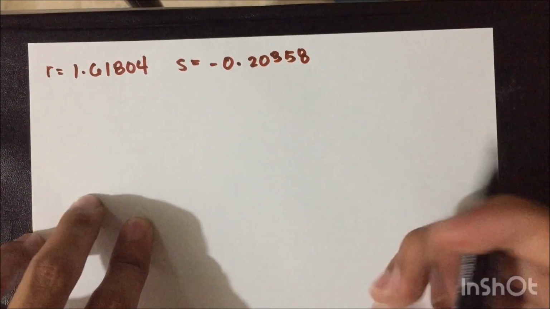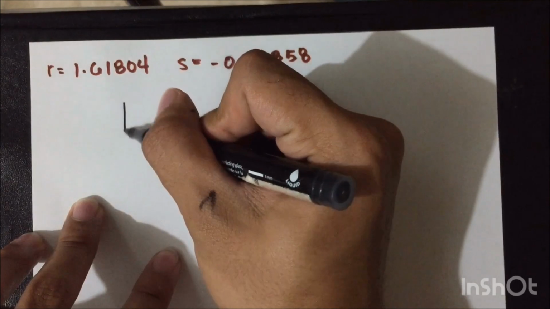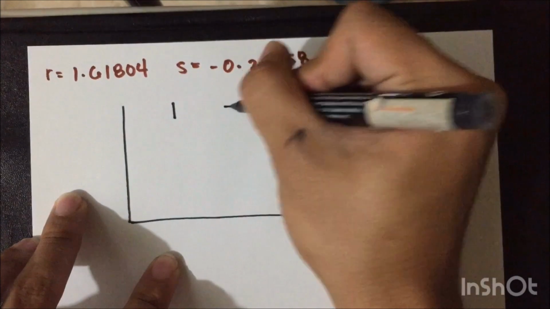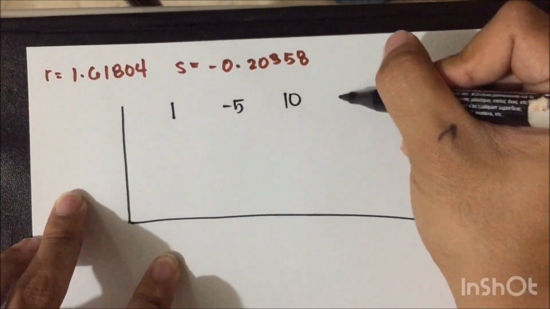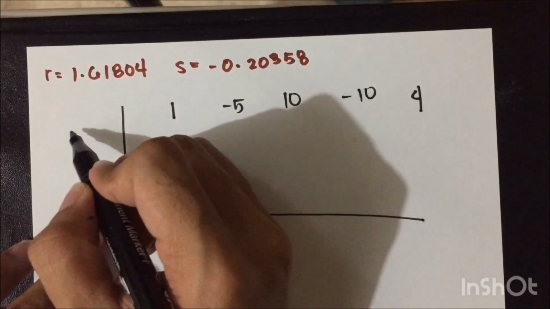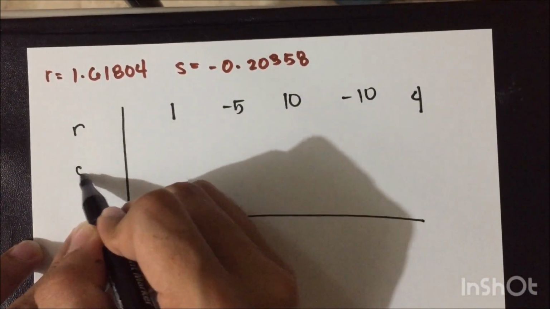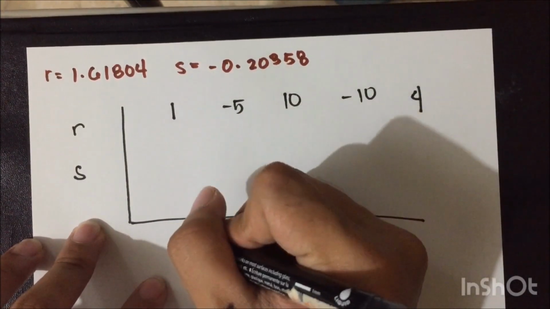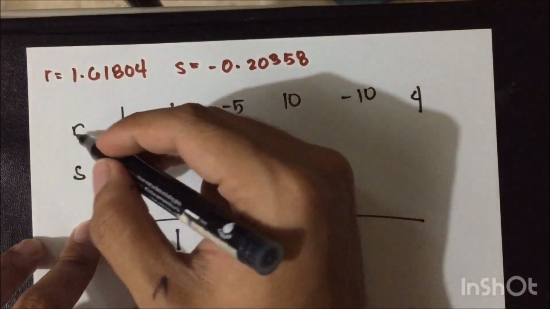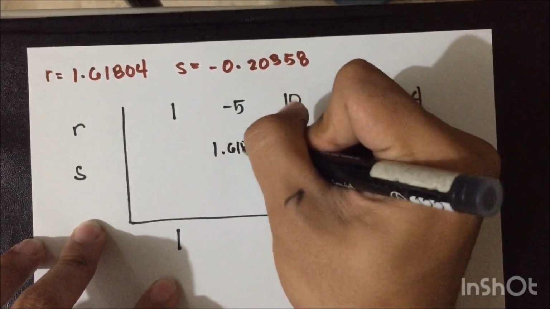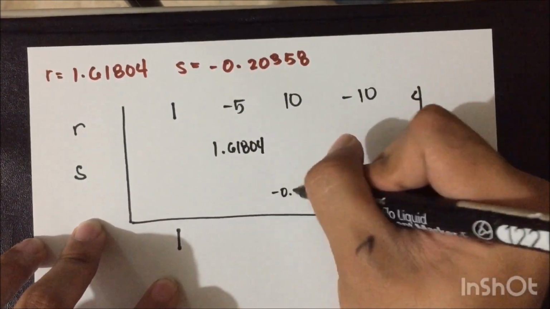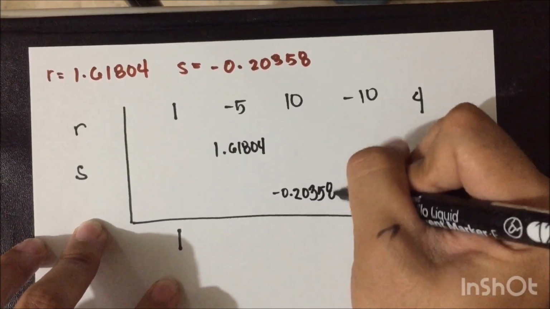So, ito yung gagamitin natin at same values ng function natin, which is 1, negative 5, positive 10, negative 10, at 4. So, divide ng R at ng S. Bring down natin yung 1 at 1 times value of R, which is 1.61804. 1 times value of S is negative 0.20358.